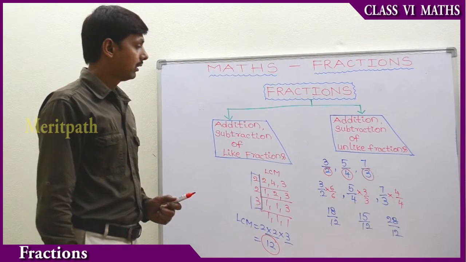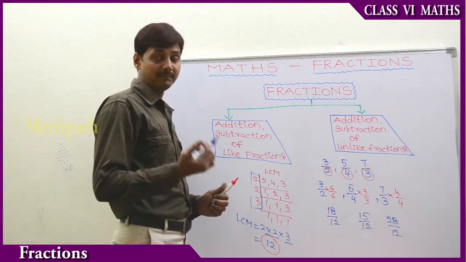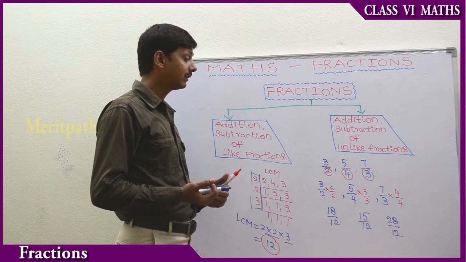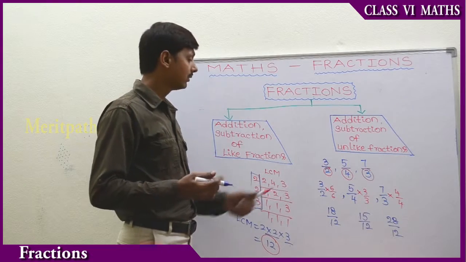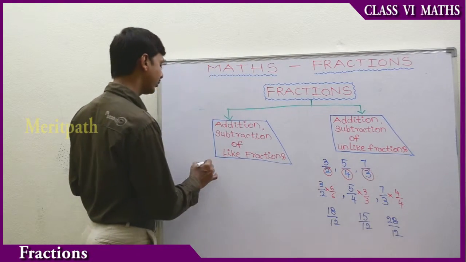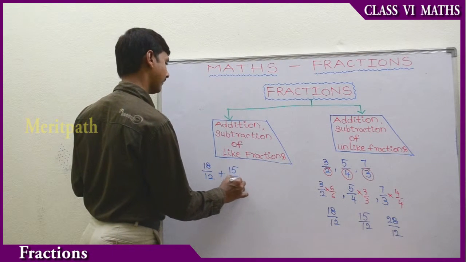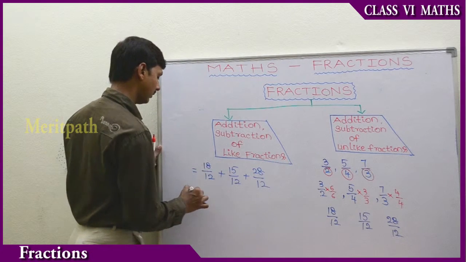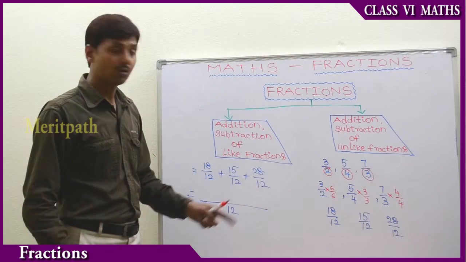When the denominators are equal, we know how to add them. There is an easy process: we can add the fractions if the denominators are the same. 18 by 12 plus 15 by 12 plus 28 by 12. We take only one denominator because all the denominators are the same.